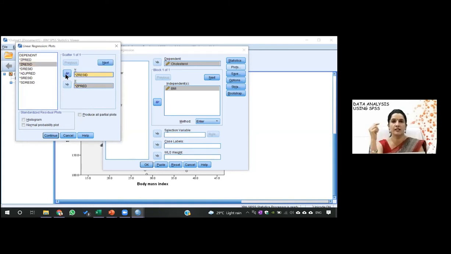So again, there is a use of residual here, because you want to check this graph for homoscedasticity. Remember, in homoscedasticity, you check the standardized or unstandardized value of residual against the predicted.